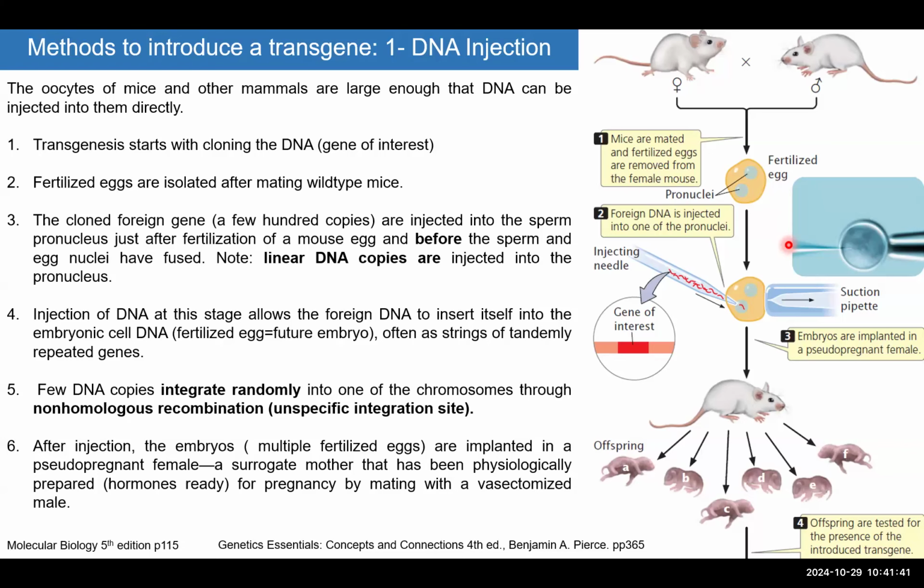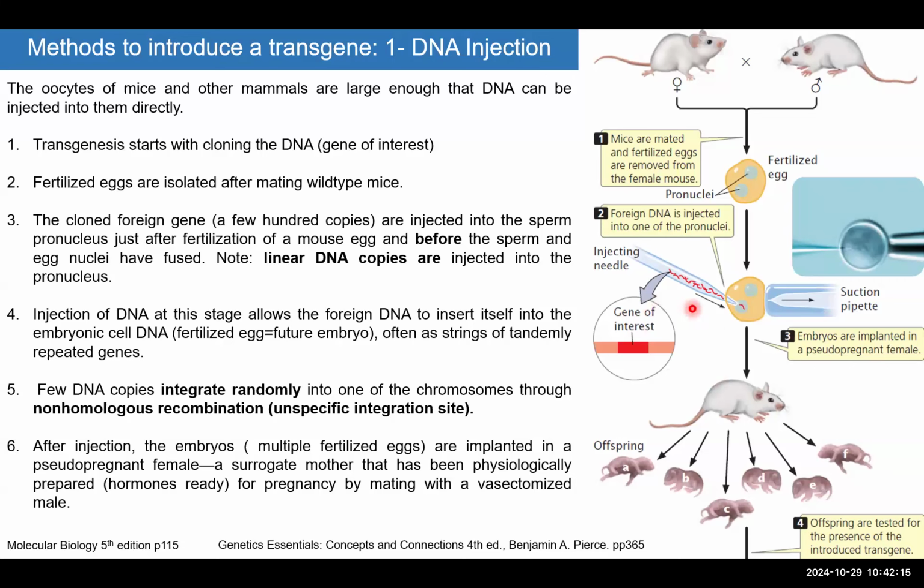So we have a chance to have 6 to 12 fertilized eggs from each male and female mating. So if we are doing this experiment in the lab and we want it to work, we will mate 5 males and 5 females, and then we will have around 60 fertilized eggs. And we will do 60 injections of the transgene into those pronuclei, because you never know how many of these will survive.